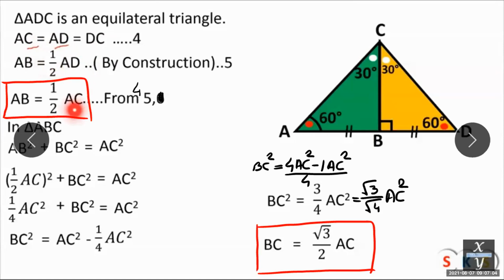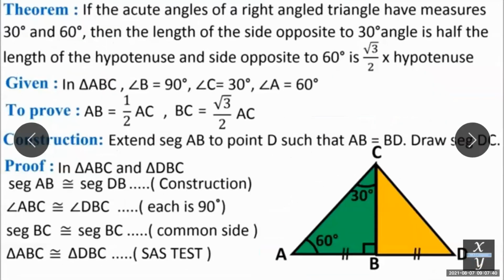So the equation will be AB equal to half, same as it is, and the only change is AD replaced by AC. And using equation 4 and equation 5, we got the first thing we had to prove, that AB equal to half of AC.